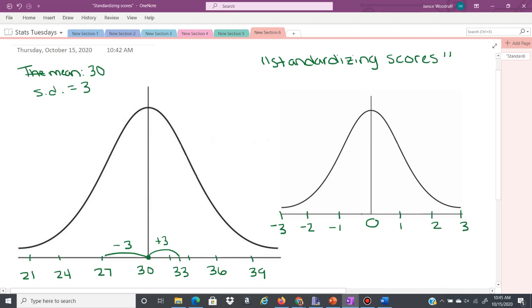So standardizing the scores just means making the mean 0 and then saying 1 standard deviation, 2 standard deviations, 3 standard deviations, instead of actually adding and subtracting those values. Does that make sense? Cool.